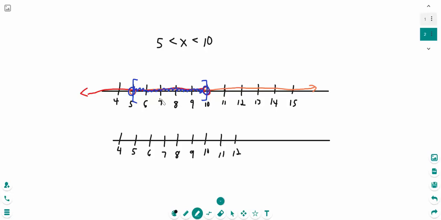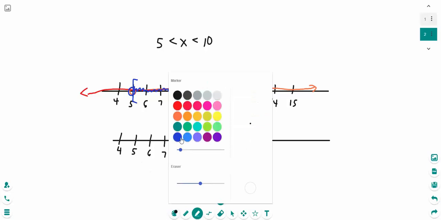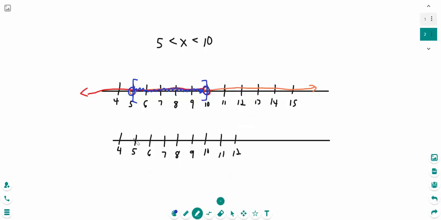And our final graph is going to be a hollow circle on our 5. So we'll do this in blue again. Hollow circle on our 5, hollow circle on our 10, and then the graph is going to be what's between that. All right, so this would be the graph of that particular conjunction.